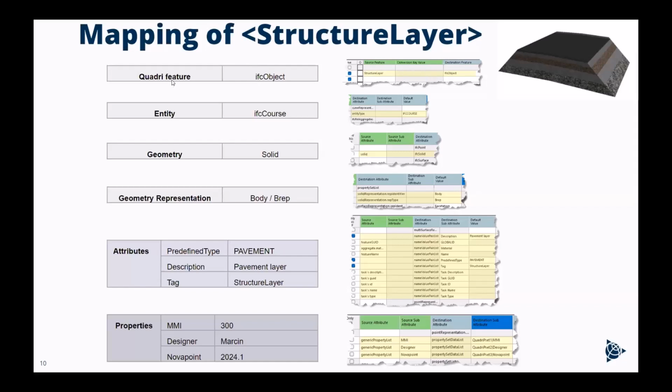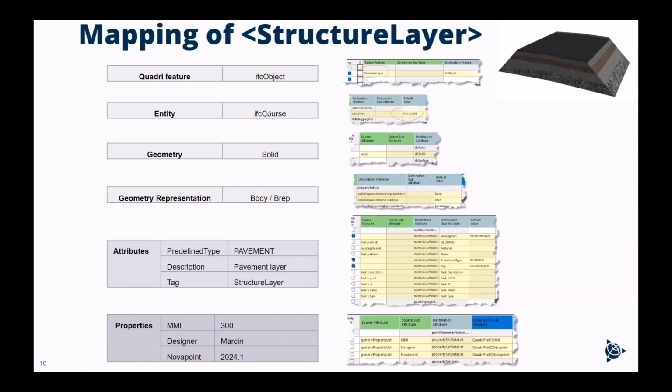You always need to remember that first we need to convert your feature to an IFC object. Then we need to select to which entity we want to export. In this case, we want to have this structure layer from Quadri. This is a feature from Quadri. We want to export it and save it as an IFC course. Structure layer to IFC course.